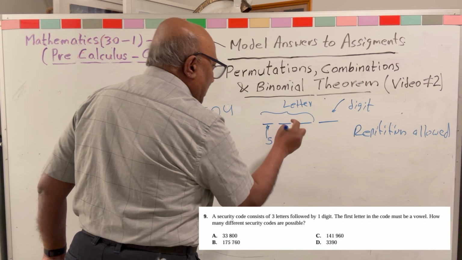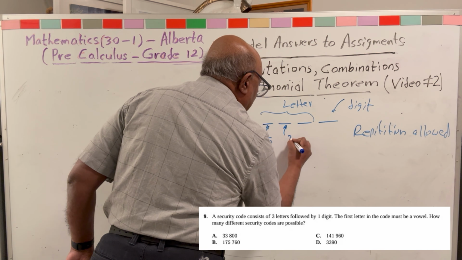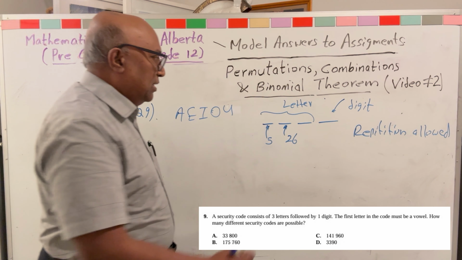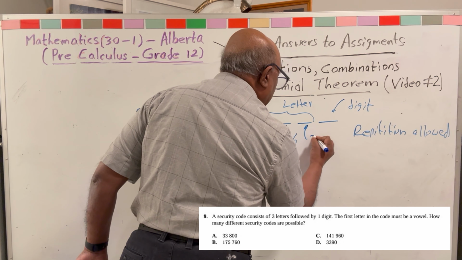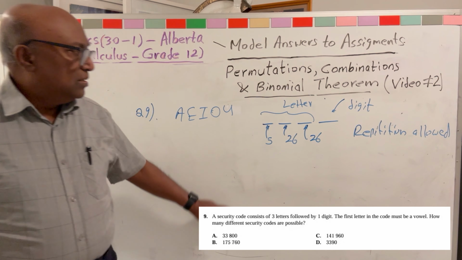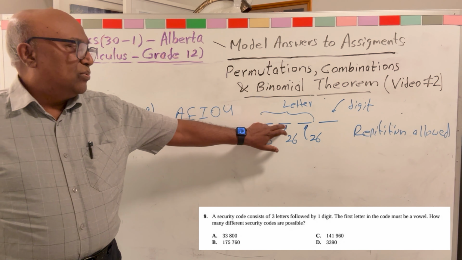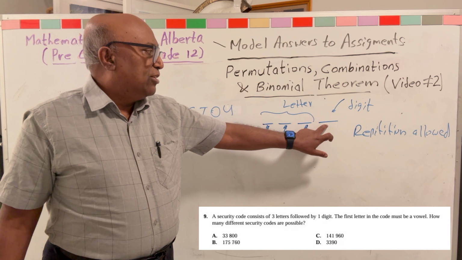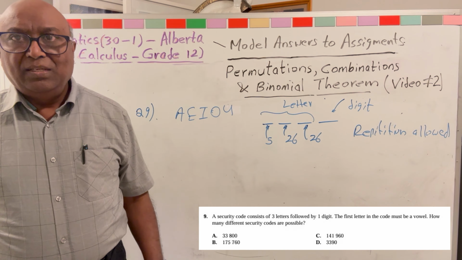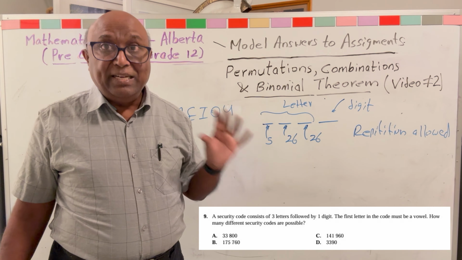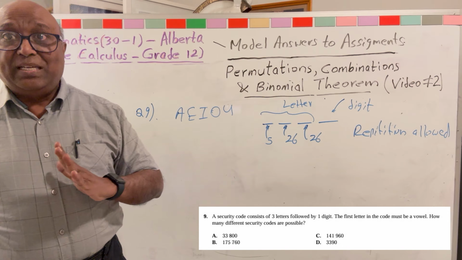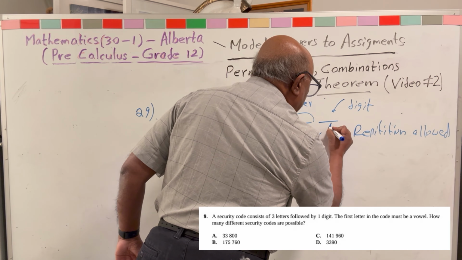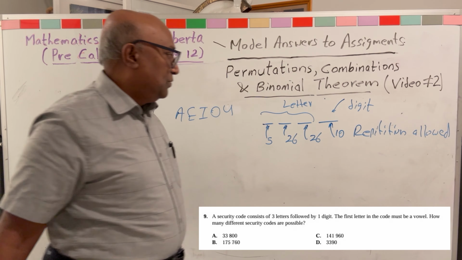Now, how many ways of filling this one? 26 ways. We can fill this out of 26 letters. The first is out of 5 vowels, then out of 26 letters, out of 26 letters. The last space we have to fill with a digit. A digit can be any digit from 0 to 9, so there are 10 ways of filling this space.